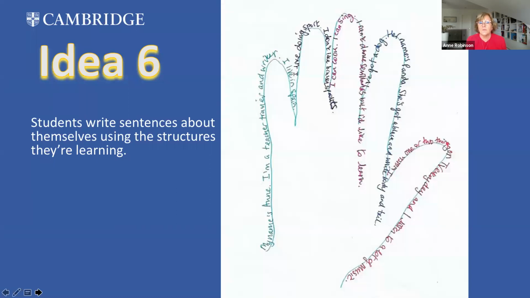So it could be a hand, a poster, a collage, but your students could collect and have a record, at the end of a term or year, of the grammar that they've been studying about them. It's their grammar, their language.